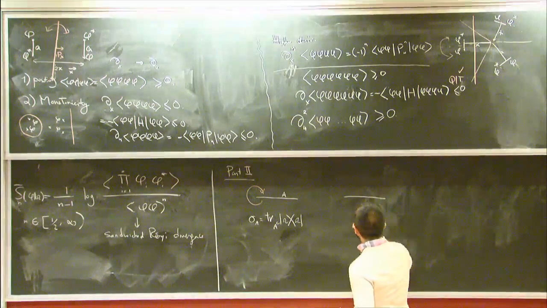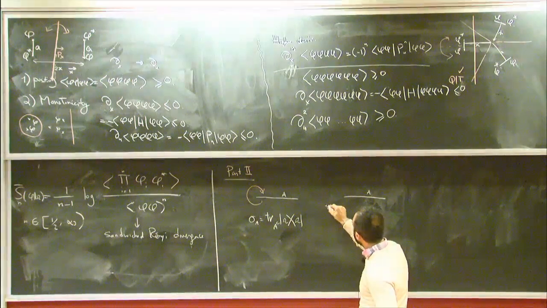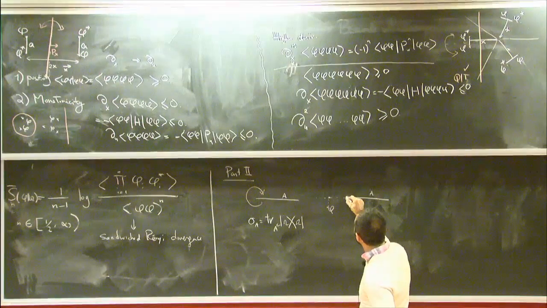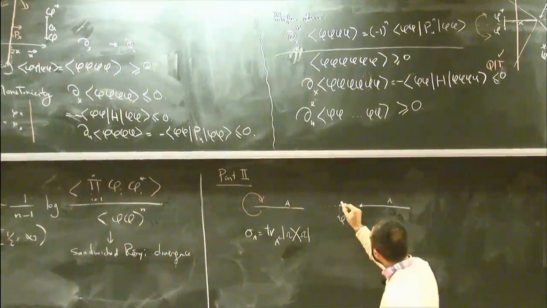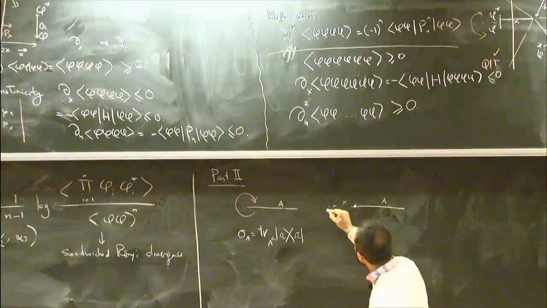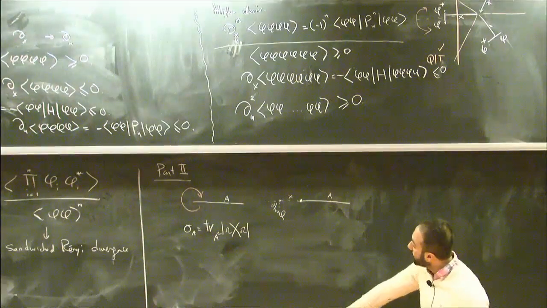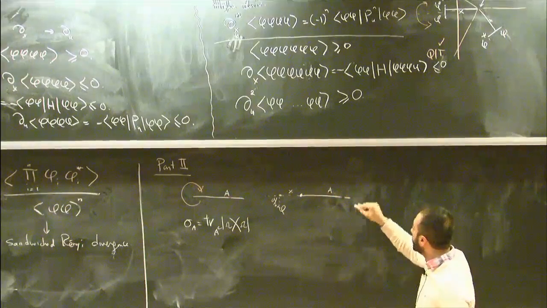Now, consider a state that is created by the action of an operator phi that's inserted. This is at point 0. A is the positive line, say. It's inserted at point minus x and at some distance a over 2 from this. So if I perform a path integral from minus infinity to this line, I get a state.